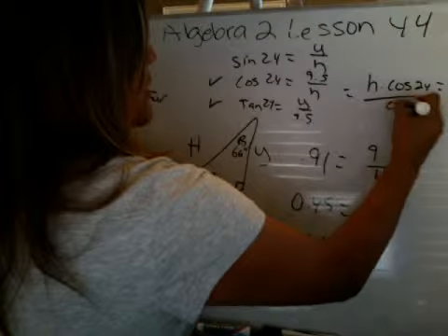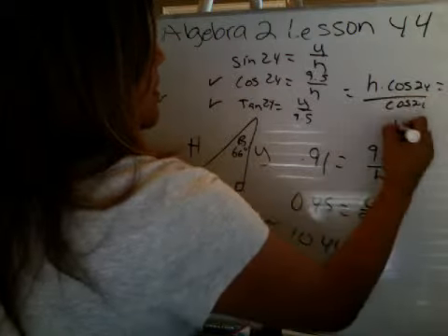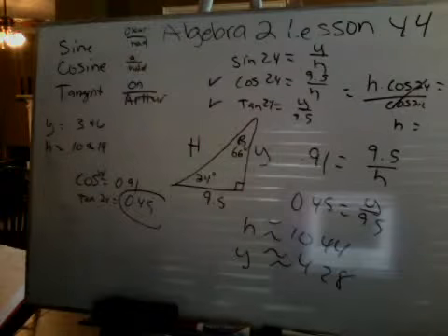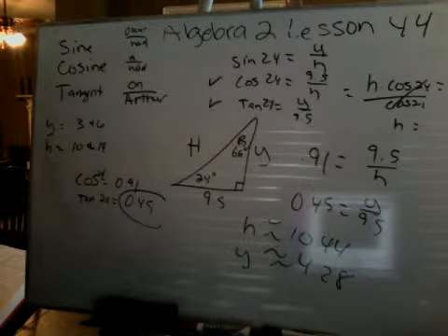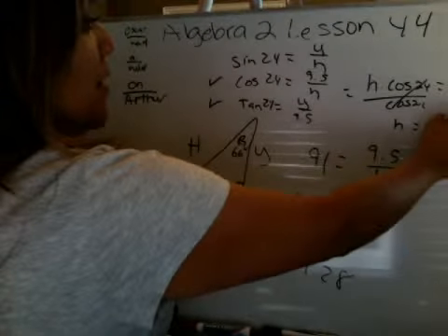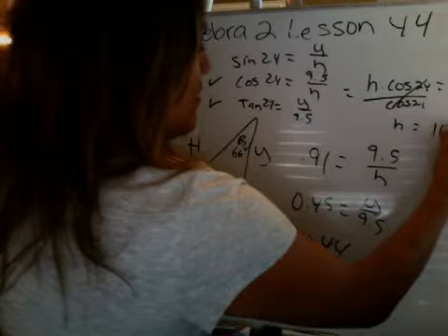Divide by cosine of 24 degrees, is what you get for H, right? So if you take your calculator and do 9.5, divided by cosine of 24 degrees, you're going to get H is 10.40.